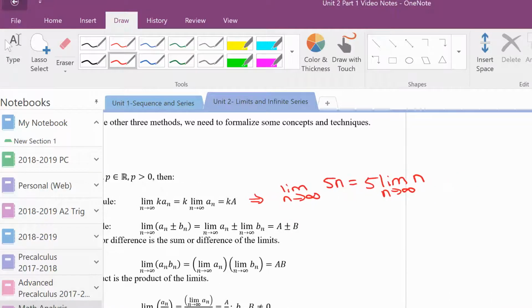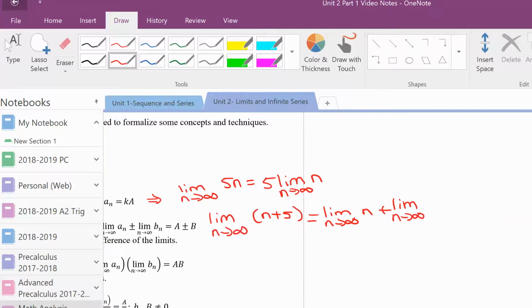For the sum and difference of limits, the limit as n approaches infinity of n plus 5 would equal the limit of n plus the limit of 5.